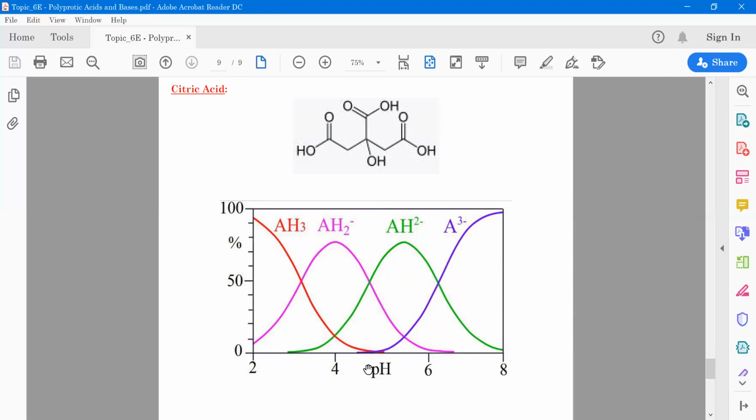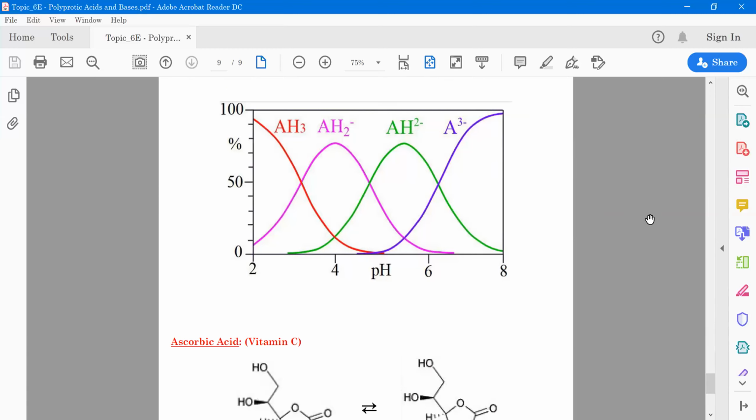And so the typical pH of a soft drink is right around here, about 4 or thereabouts. You can see that at that point, the citric acid is decreased to only about 10% of the original amount. And most of what's there is the dihydrocitrate ion right here. And that's what is responsible for giving the level of sourness to soft drinks.